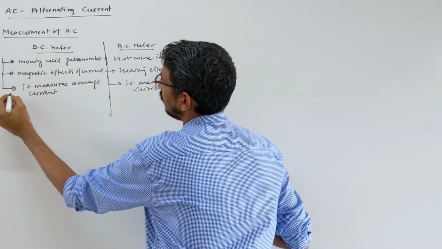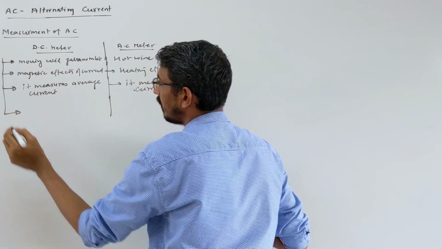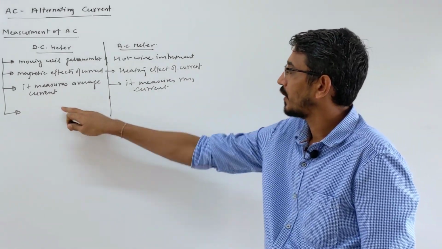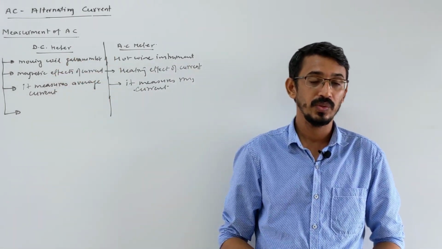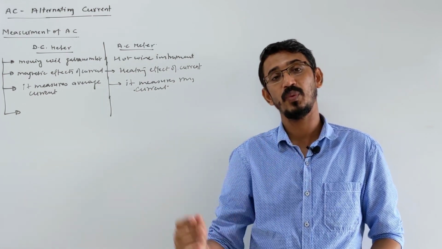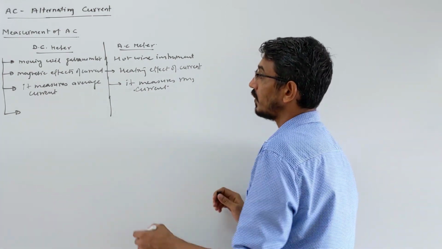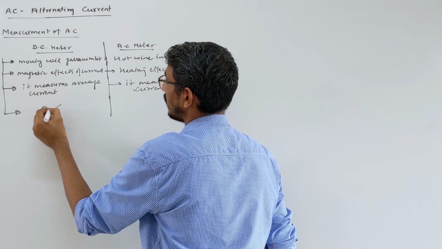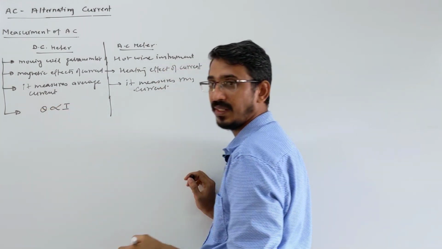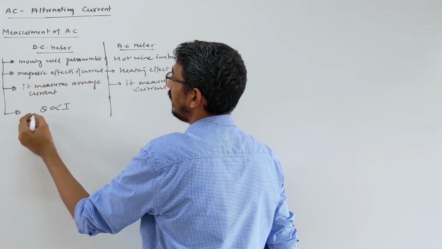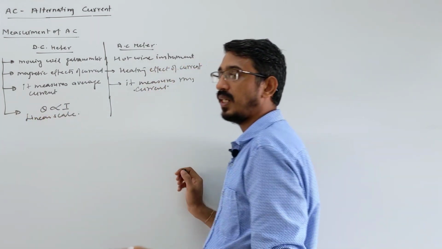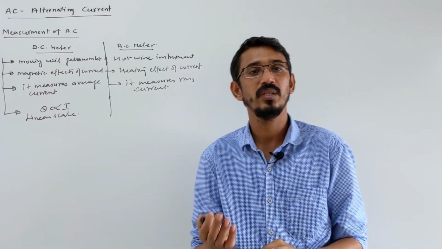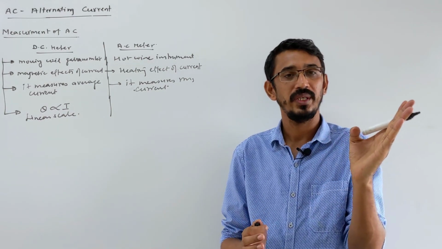Then look here, very important. Remember that in our galvanometer working we learned that deflection was directly proportional to current, theta proportional to I. So here we have a linear scale: more current, more deflection, so more reading on the scale.